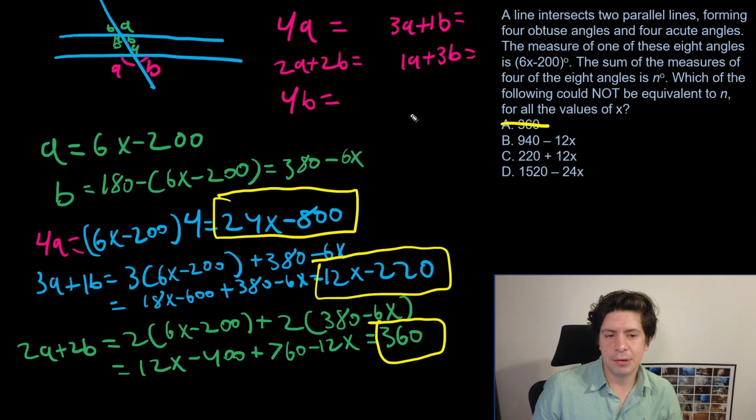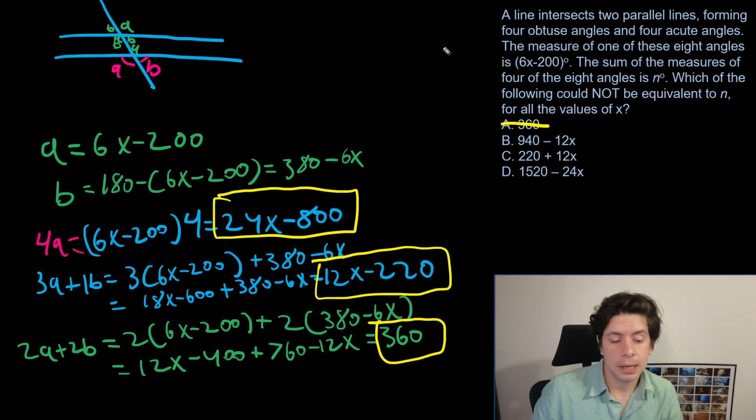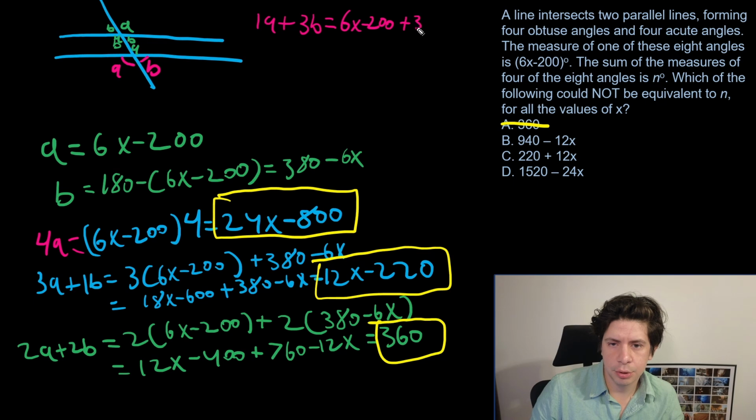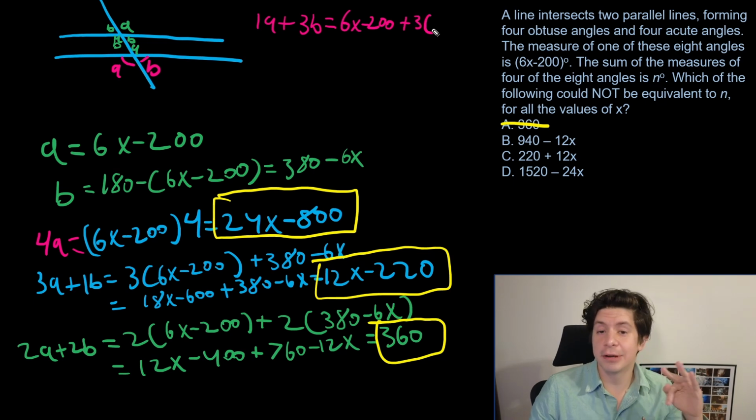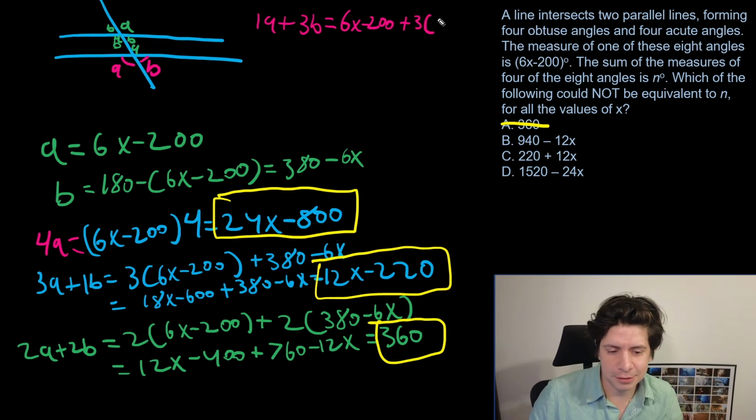Okay, so now let's do another one. It is going to be 1A plus 3B, and that'll be 6x minus 200 plus 3 times (380 minus 6x), and this is all the variations, remember, of how to get 4 different angles.